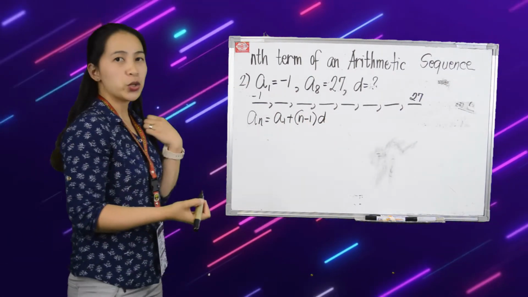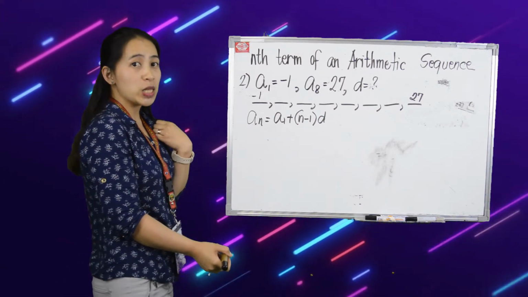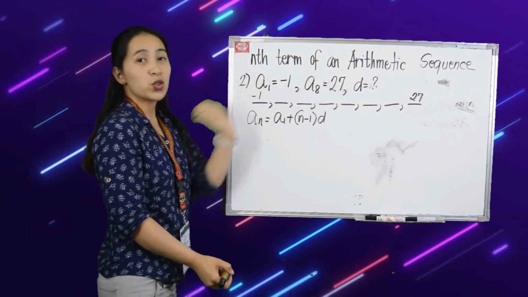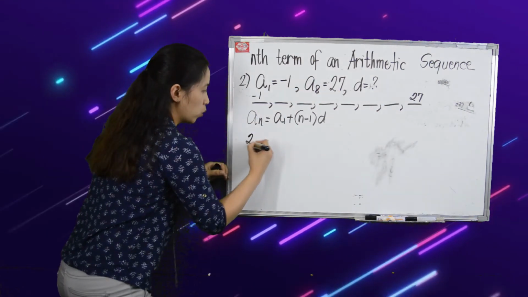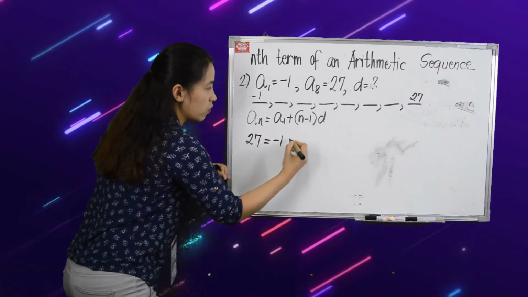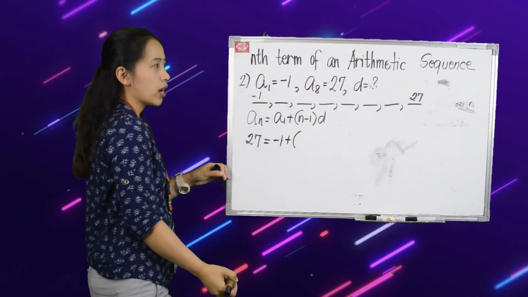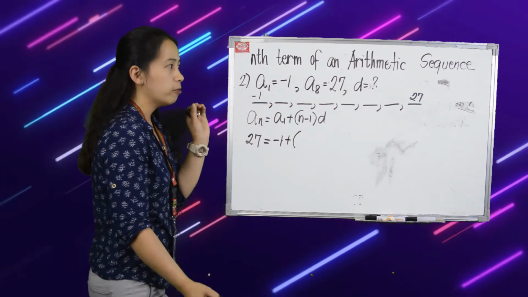We will just substitute again the given. What is our A sub n, or our last term? It is 27. So 27 is equal to the first term, which is negative 1, plus the quantity n. What is our n, or the number of terms we are considering?